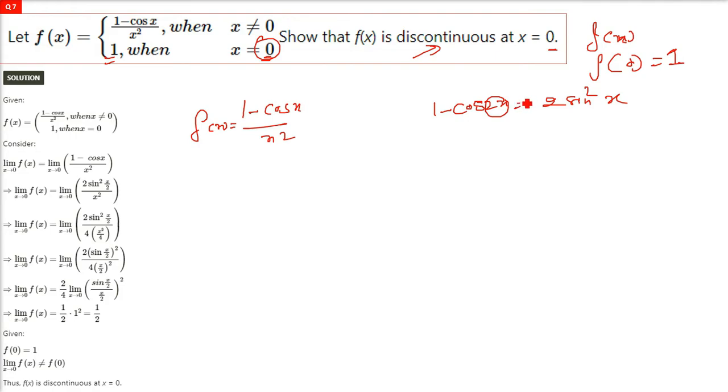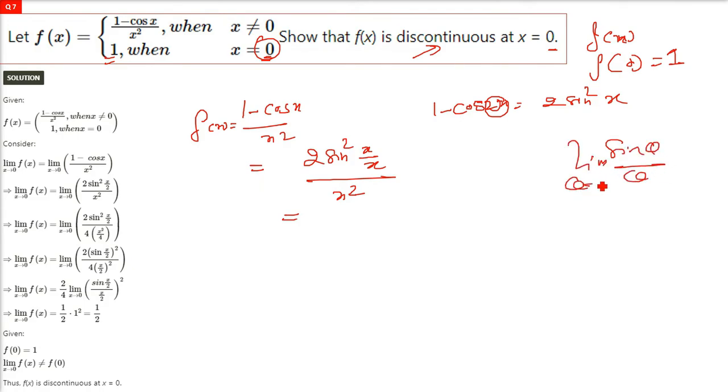So just write it as 2 sin square x by 2, with x square in the denominator. Now we know, as we have just seen, that the limit of sin theta by theta as theta tends to 0 is nothing but 1.